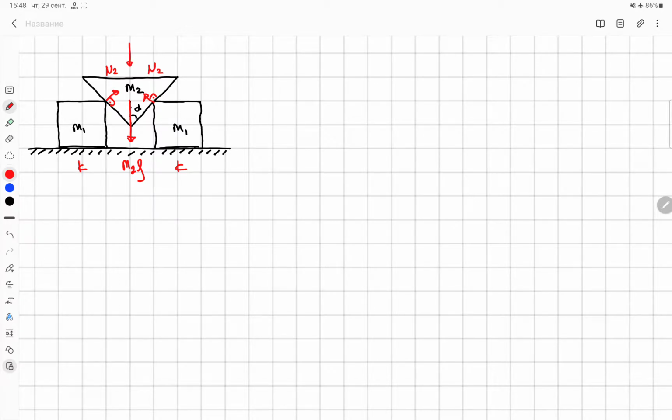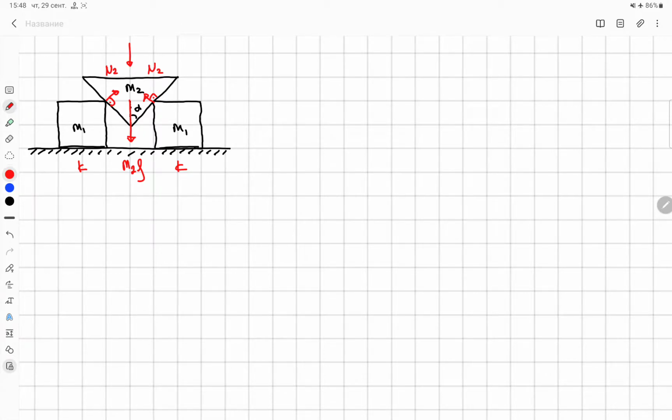There is only one way it will move: downward. Actually, here we have two options. It will move downward or it will stay at rest, because we have a friction and the friction might be very big and the system might be at rest. At the moment we don't know and we cannot guess, because mass is not given in kilograms, coefficient of friction is not given, and the angle also is not given.